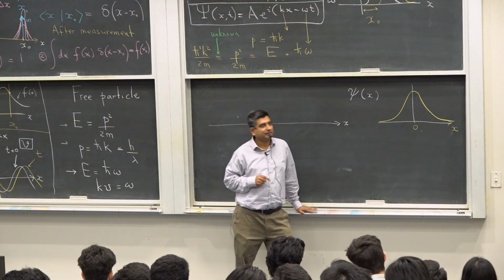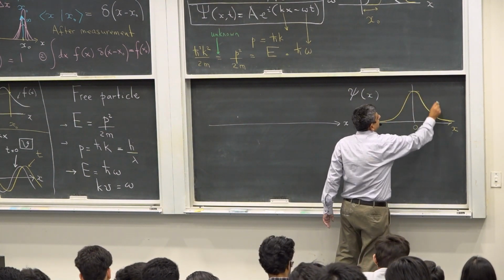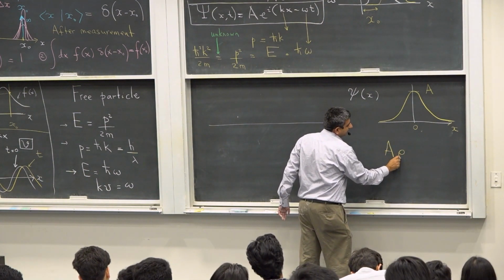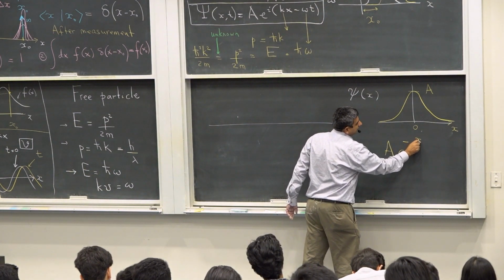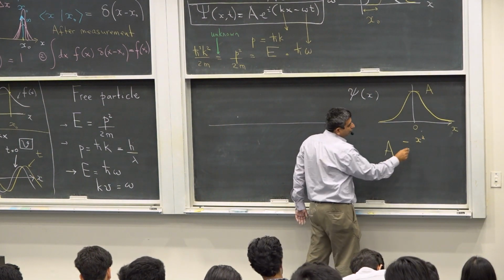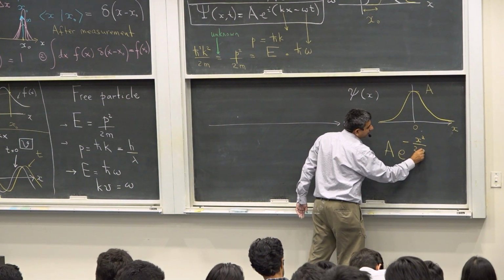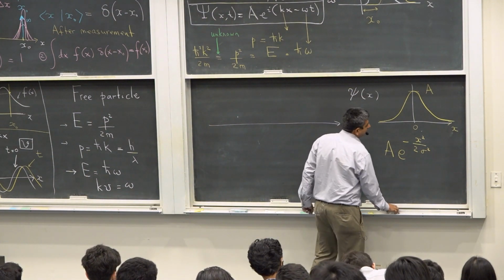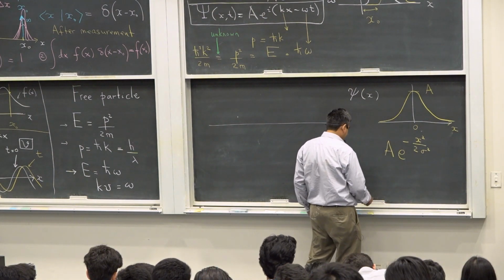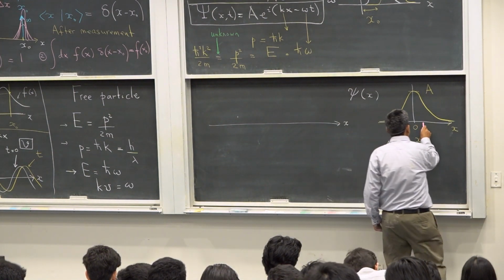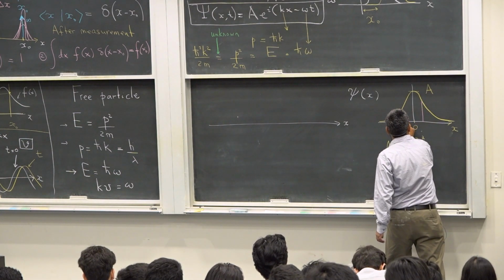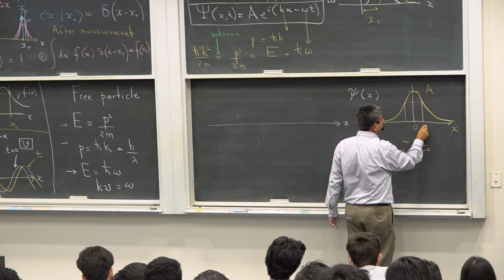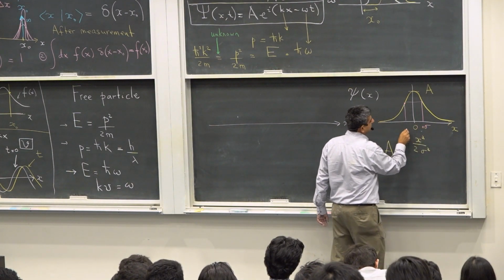Suppose the height is A. So this form can be A e to the minus x squared over 2 sigma squared, where sigma squared is called the variance. This is plus sigma, this is minus sigma.